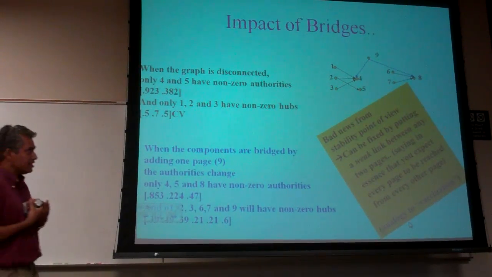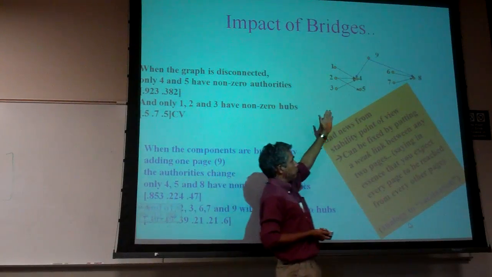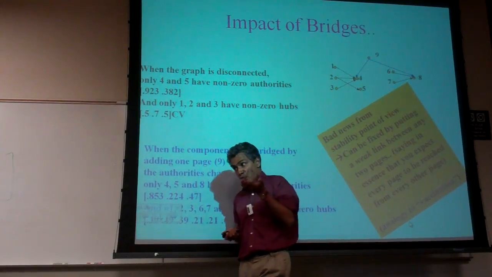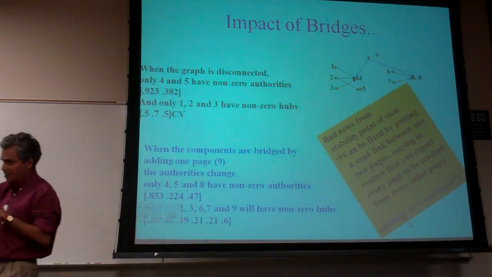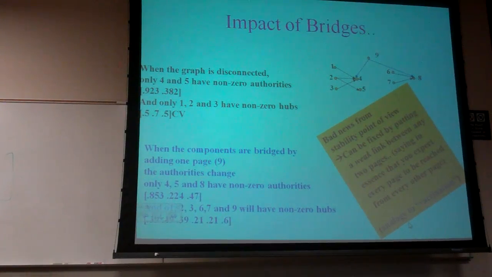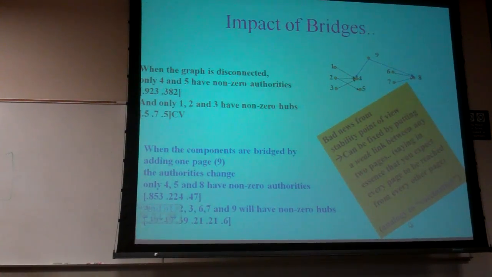Okay, so the interesting thing is that it gives you an idea of what would happen if, from the authorities hubs point of view, you don't do weak links. Standard authorities hubs doesn't do weak links, but there's no reason why you shouldn't. Okay, and if you don't, this is the problem you get.